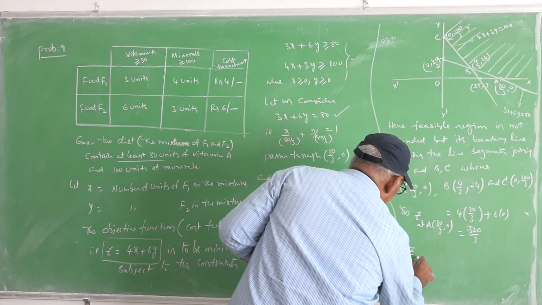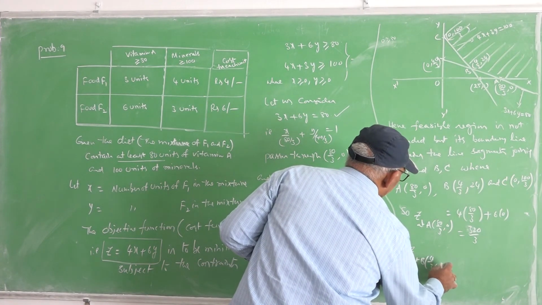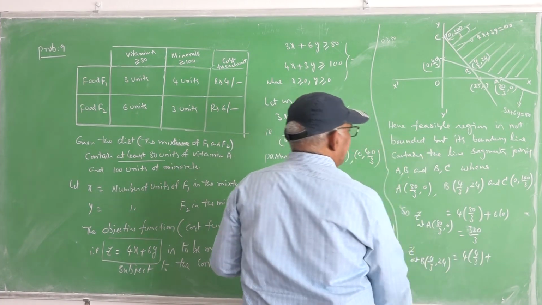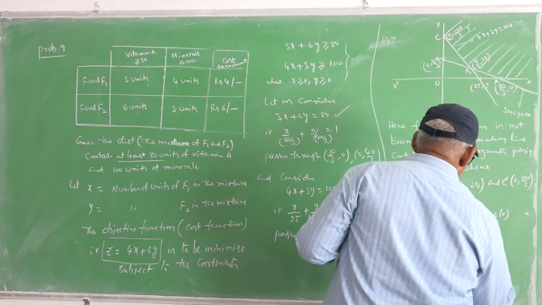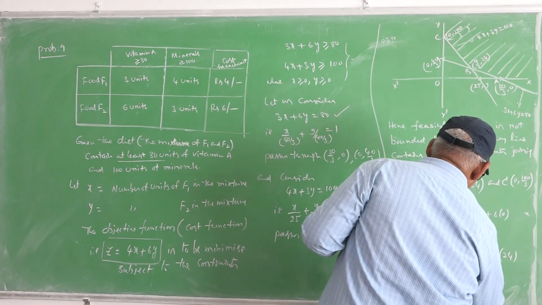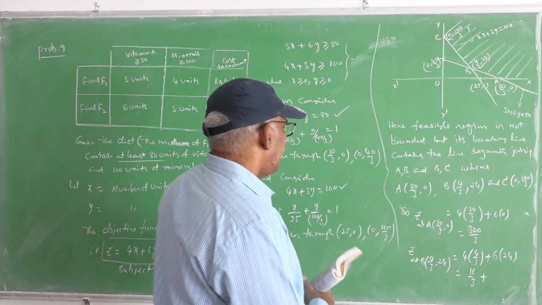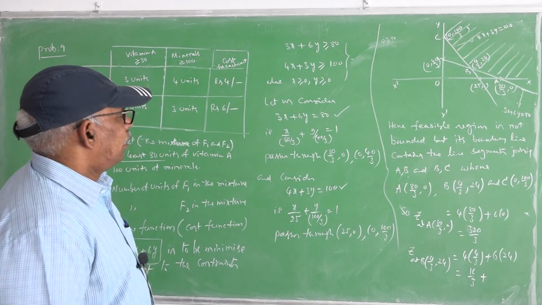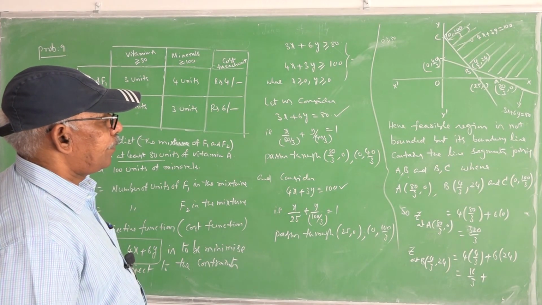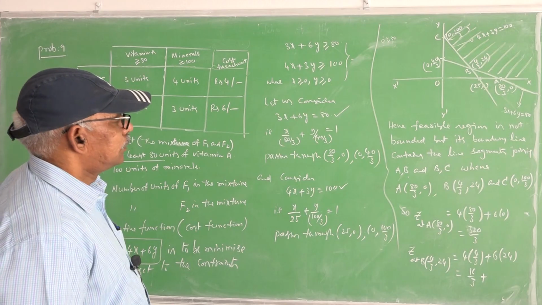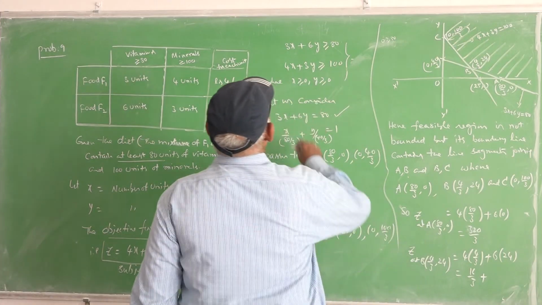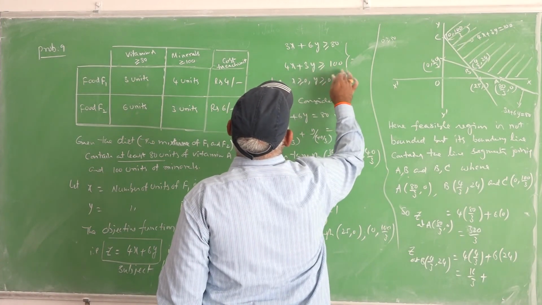And Z at B, 4 by 3 comma 24, 4 into 4 by 3 plus 6 into... oh wait, this is not 24, because this point does not satisfy this equation.